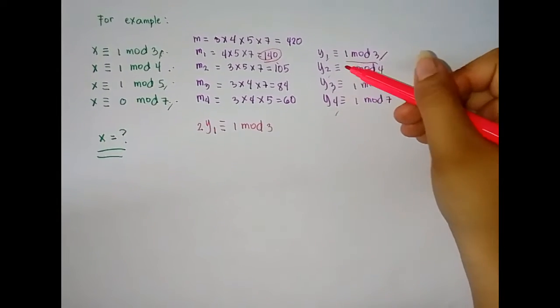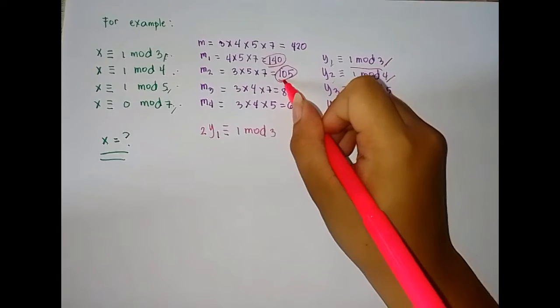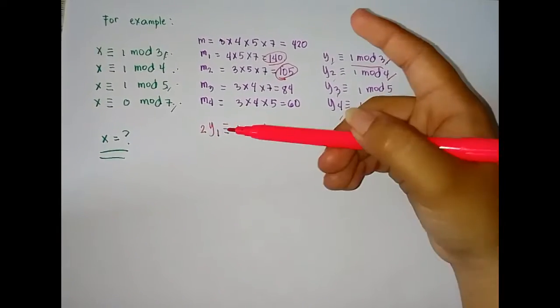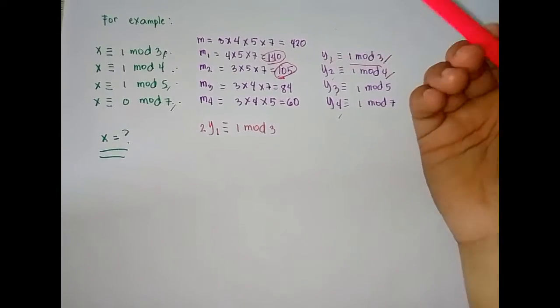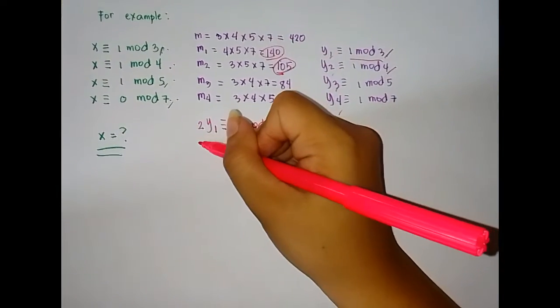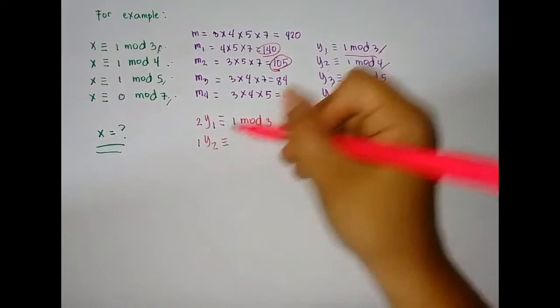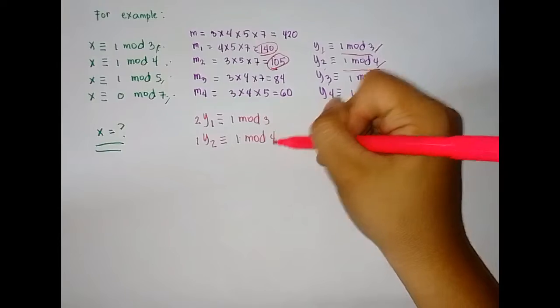For y2, we'll find a number divisible by 4 but less than 105. So we have 26. 26 times 4 is 104. Then 105 minus 104 is 1. So the remainder is 1. So we will put 1y2 is equivalent to 1 mod 4.